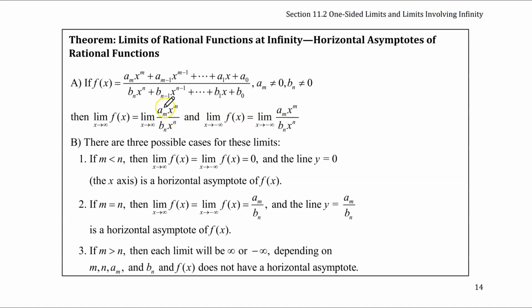That gives you a constant over b times x to some power here. So if you take the limit of that expression, that will just be equal to 0. Now in that case, the line y equals 0 is a horizontal asymptote of the function.